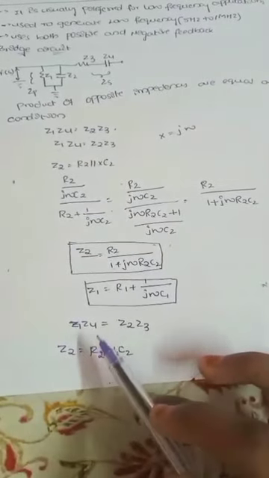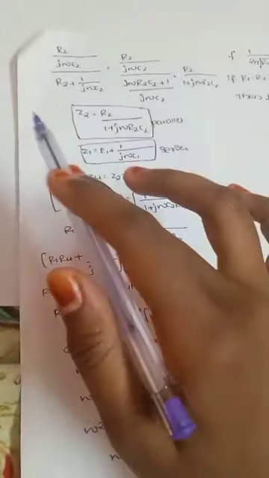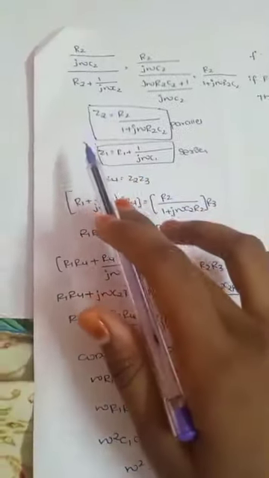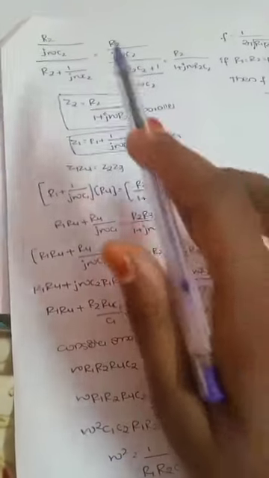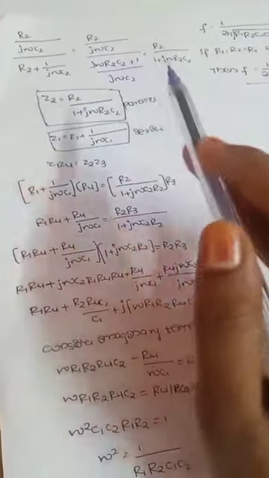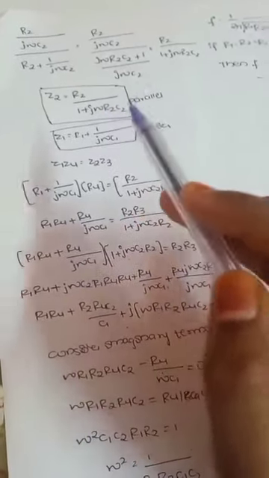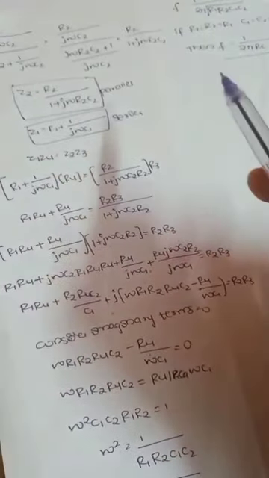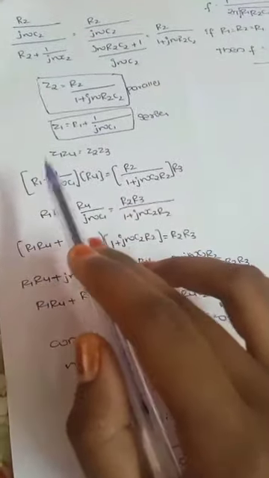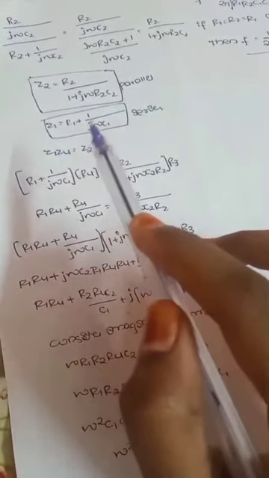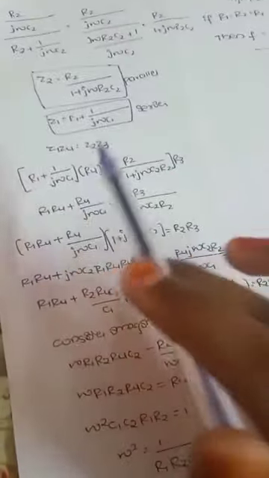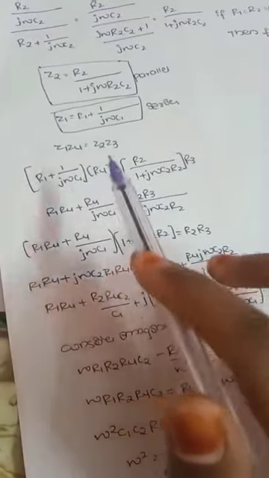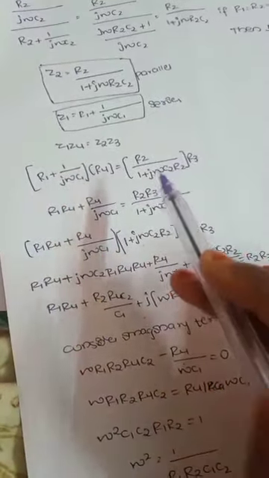Z2 is R2 parallel to XC2, which gives R2 by 1 plus j omega R2 C2, when it is connected in parallel. And Z1 is R1 plus 1 by j omega C1, when the Wien-Bridge circuit is connected in series.